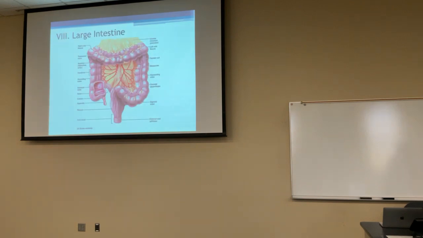Okay, then the next part of our digestive tract is the large intestine. I'm going to be going through this pretty quickly, but it's pretty straightforward, I think. The large intestine is where most of the absorption of water as well as compaction of the feces occurs.